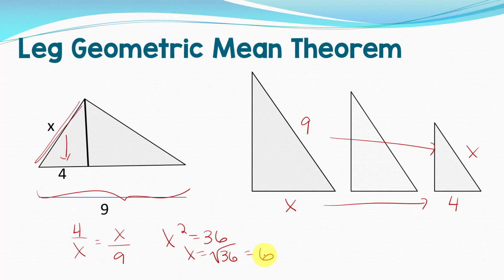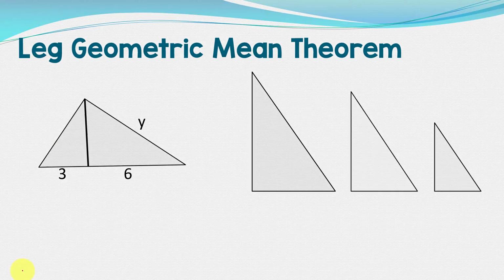All right, let's look at the other leg. It works the exact same way. It is also a leg, but now it is the geometric mean between the side it is with and the total length. So let's label. We've got y is the hypotenuse of the medium triangle. Let's see, these are the right angles.